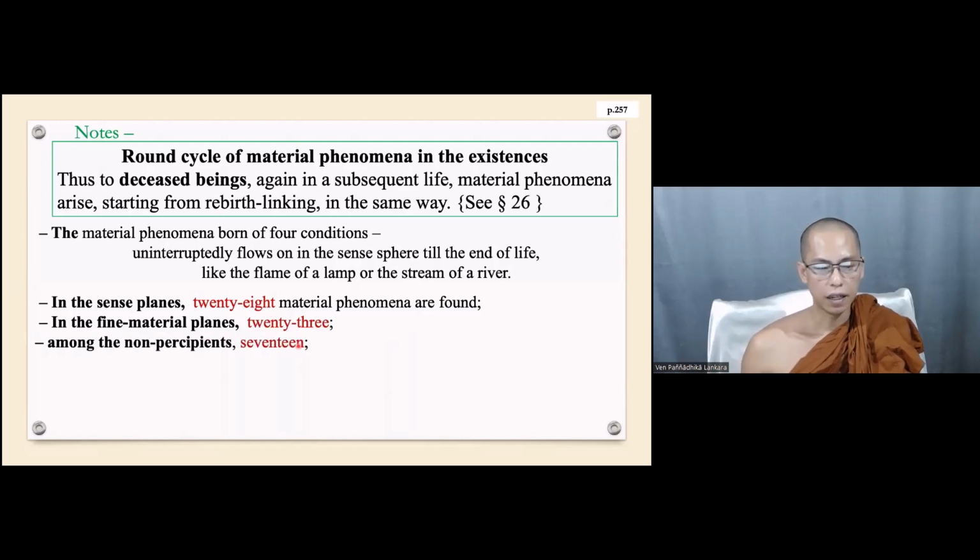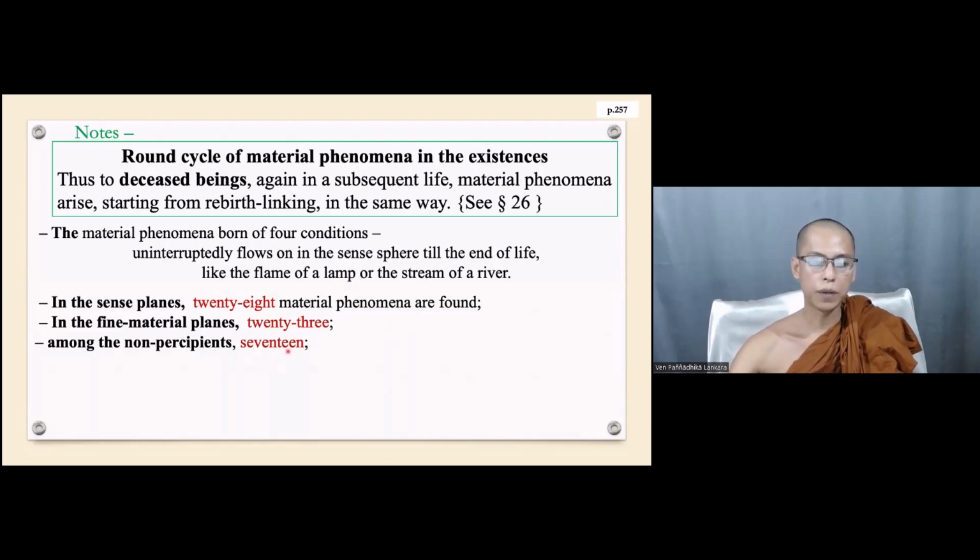And among the non-percipient beings, only 17. There is a Pali basis in the Abhidhamma Sangaha you can see. If you keep and study that Pali basis by heart, it is very easy to remember and to identify how many materialities can be found in each respective realm of existence.